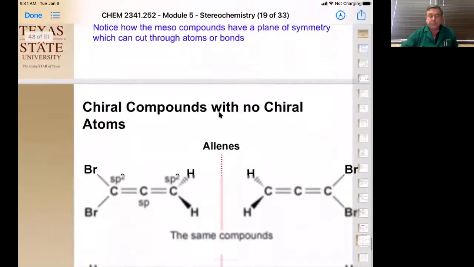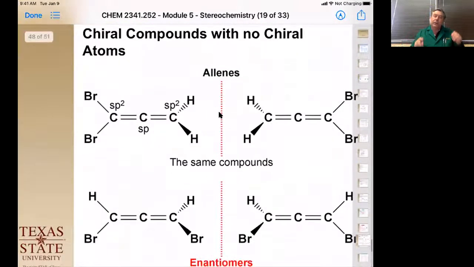Okay. So there's also a way to have a chiral compound without an actual chiral center. And the reason is because it's fixed in space and it has its interesting geometry. And these are allenes, okay? And the reason they're fixed in space is think about where the double bond for this is.